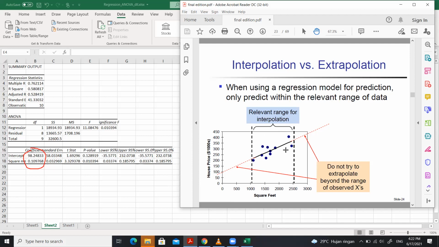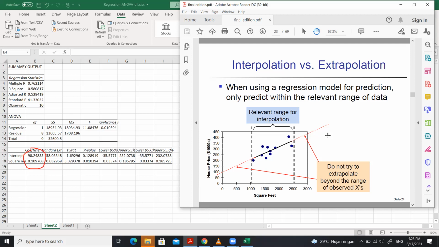You can see here the red dash line before the black line, and the red dash line after the range, that's beyond the data or outside the data.